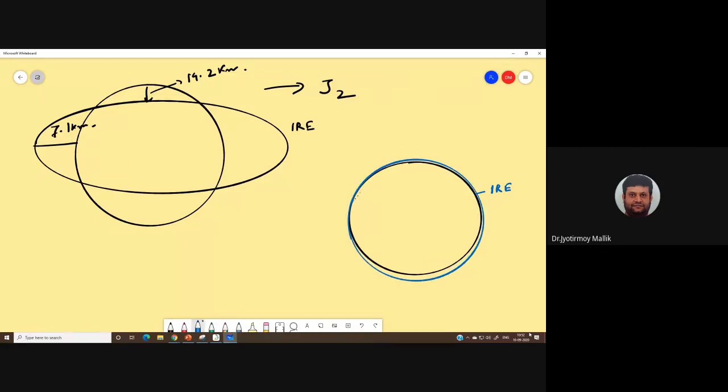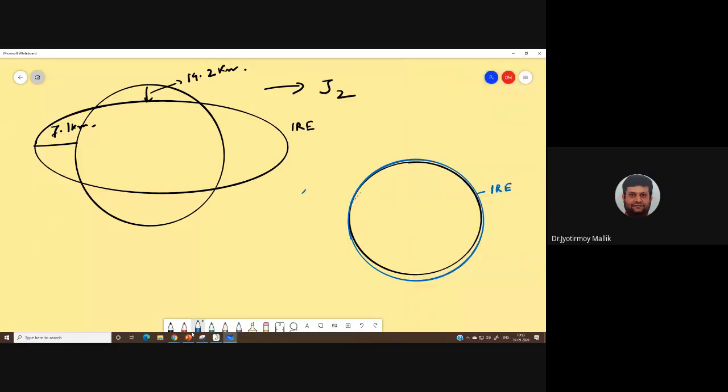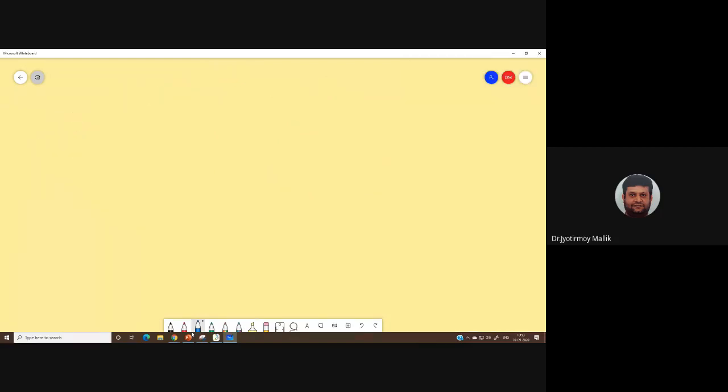Let me just try once more. Suppose this is my international reference ellipsoid, and then I'm getting closer to the shape of the Earth.